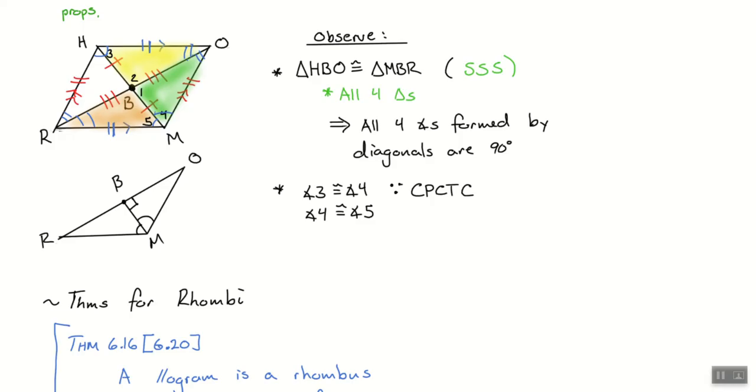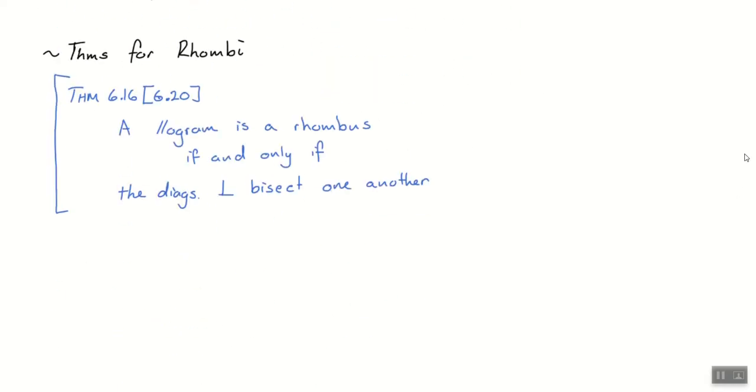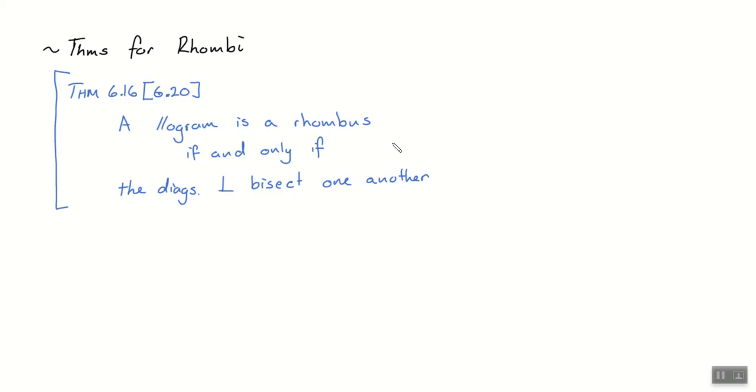Each diagonal bisects the interior angles of that polygon. So we're going to get one more theorem, and this is the last thing that we're going to write, and I think I might have a vocab word for you today. Theorem 6.17, and what other theorem might this be? 21. It's the theorem and the converse.